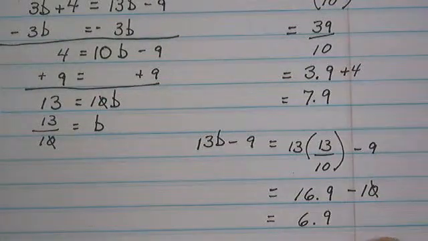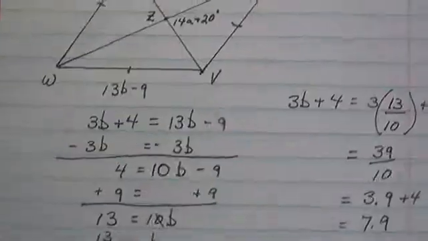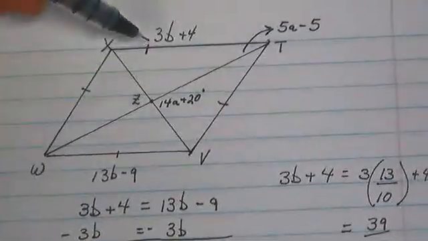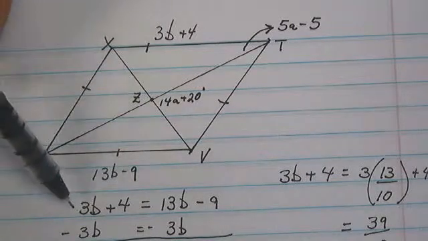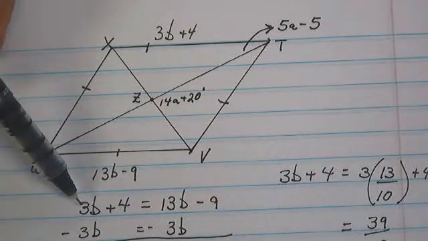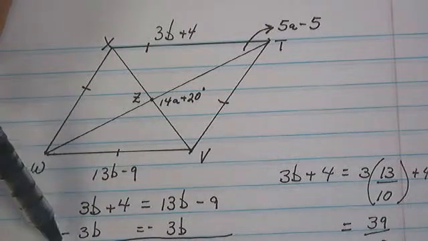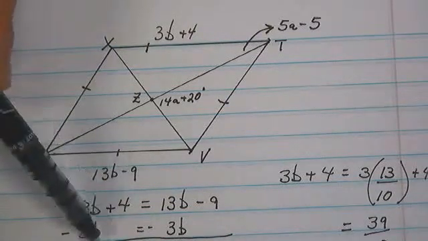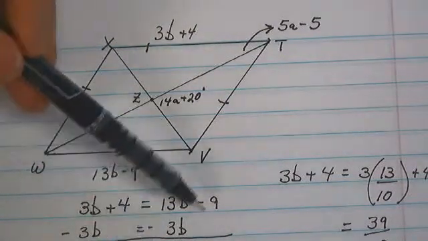Back to the drawing board. 3b plus 4 is equal to 13b minus 9. 3b minus 3b is 0, plus 4 is equal to 10b minus 9.